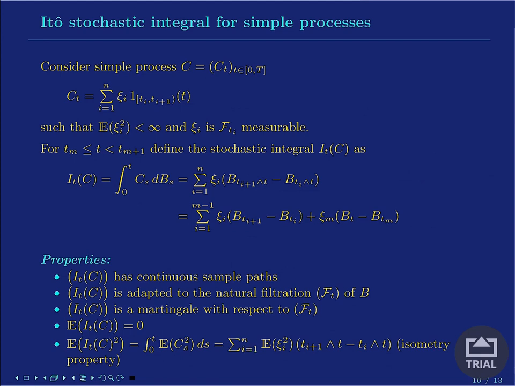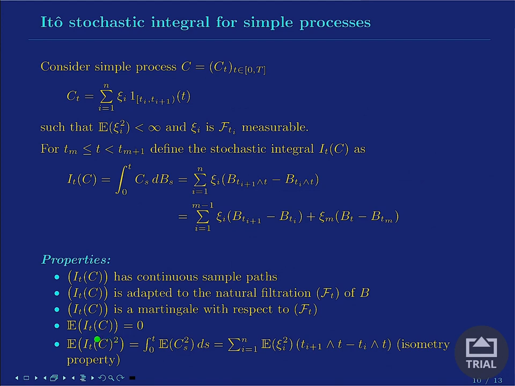And this is called the isometry property, as actually this here can be seen as a norm on the function space, so in this case, of all simple functions on the interval 0 t, so piecewise constant functions on the interval 0 t.